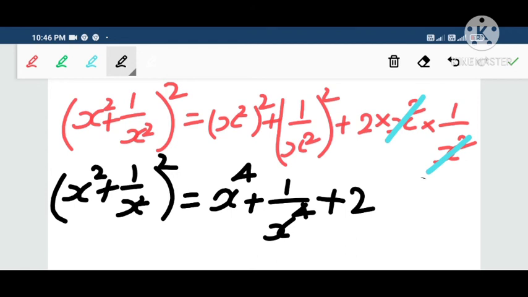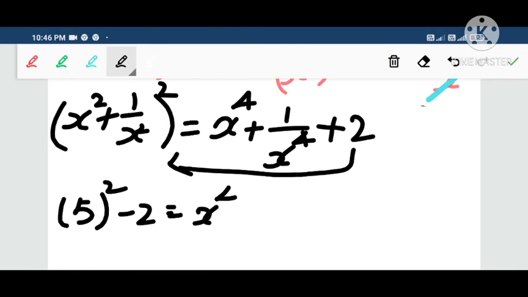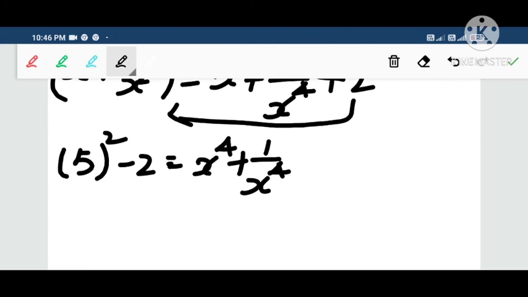I just take this plus 2 to the left hand side. What happened? It becomes minus 2. Already we know that the value of x square plus 1 by x square is 5. So it means 5 square minus 2 is equal to x to the power 4 plus 1 divided by x to the power 4. If we square the value of 5, you get 25.